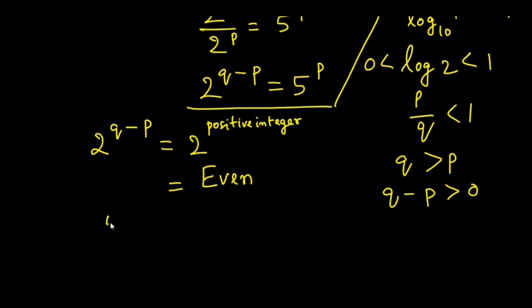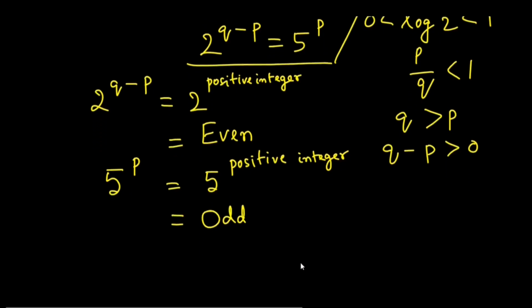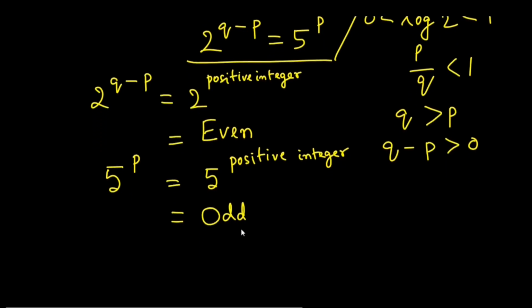Let us take the right side: 5 power p. P is a positive integer. 5 is an odd number, so any power of 5 is odd. So we got an even number equal to an odd number.